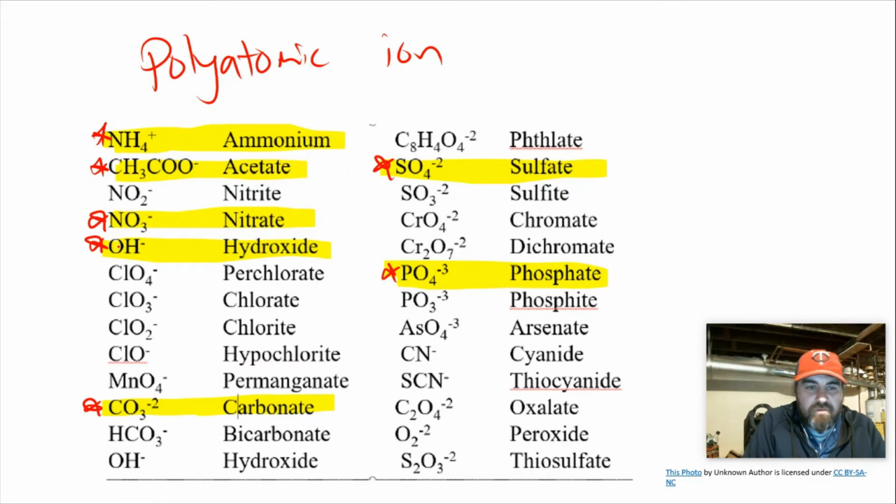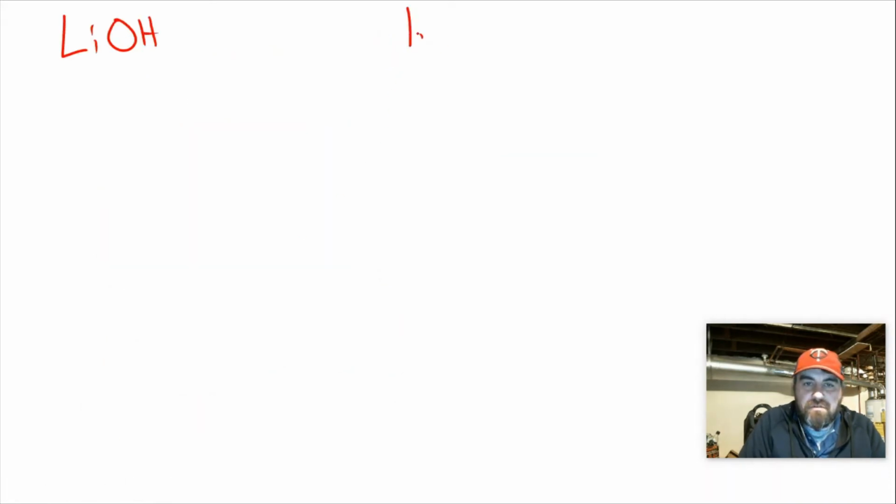Let's say we've got lithium, Li, with, let's say, OH. Over here, hydroxide, OH. So step one, a new step one: determine if the compound has a polyatomic ion.